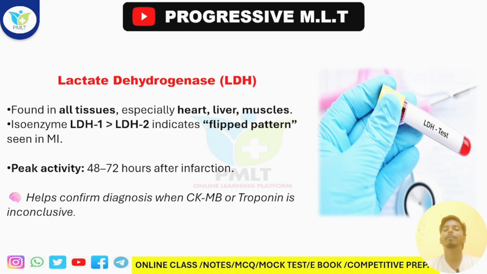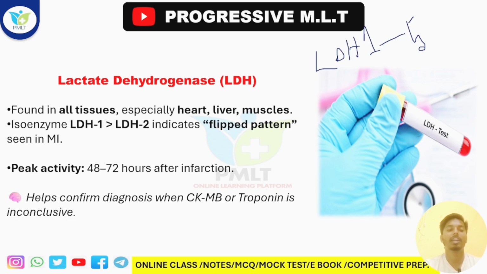You need to remember the name of the marker, when it is elevated, when it peaks, what the normal range is, which methodology is used, where it is formed, and which kinds of disease might occur when it is elevated. There are 5 isoenzymes of LDH: LDH1 to LDH5. That's the lactate dehydrogenase.